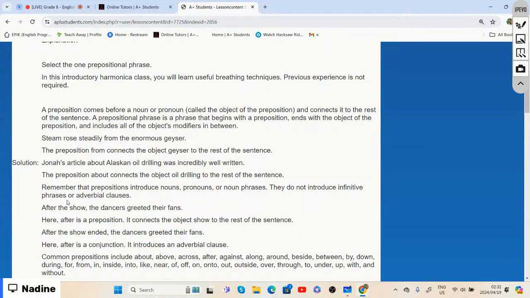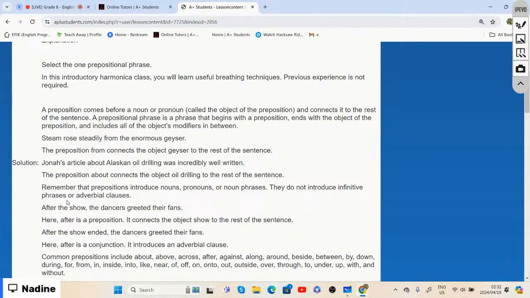Example: After the show, the dancers greeted their fans. So after the show, the dancers greeted their fans.